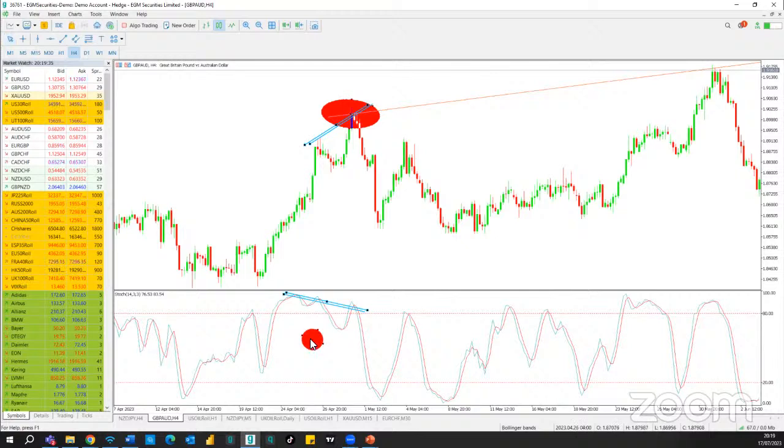And you realize that once the stochastic broke below 80 to the downside, and then you have a reversal pattern, a candlestick reversal pattern, where you're looking at the loss of momentum. There's a little bit of a rejection, right? There's momentum to the downside.